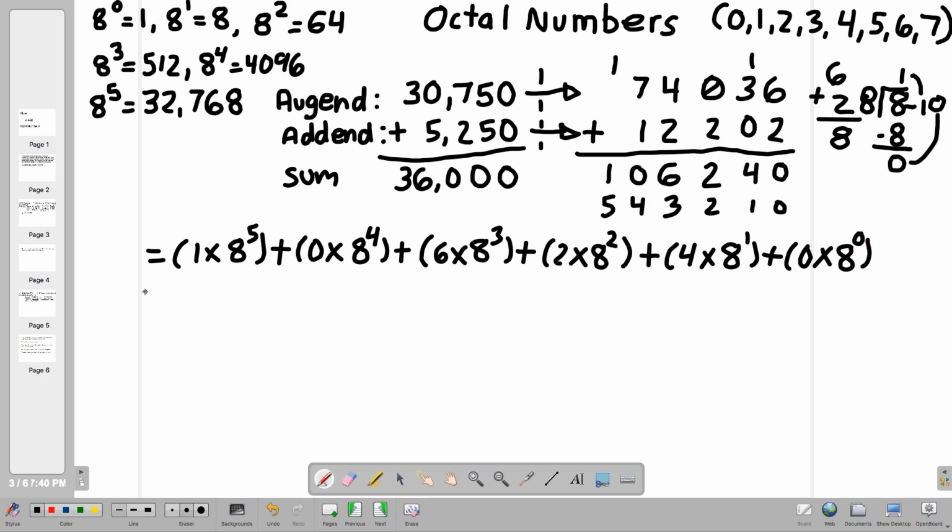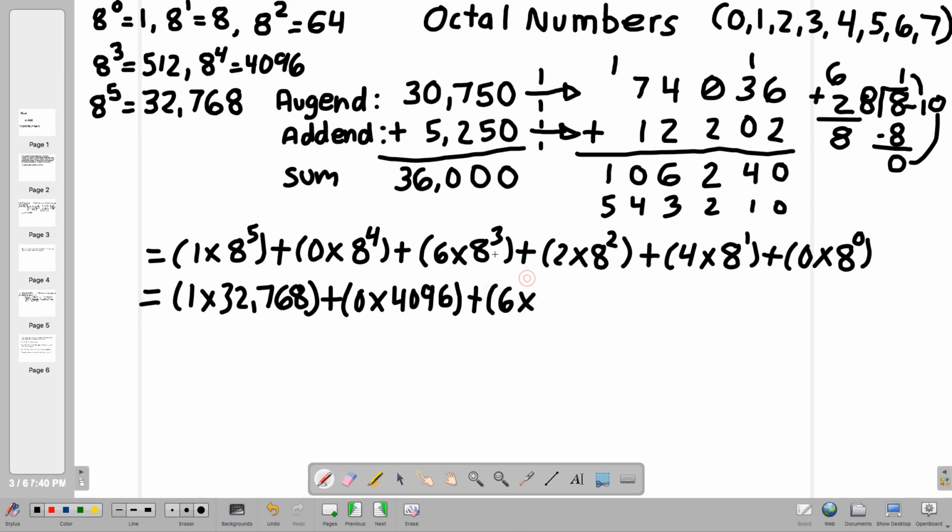And let's break it down further. So this is saying we have 1 times 8 to the fifth power, which is 32,768. And then we have 0 times 8 to the fourth power, which is 4,096. And then we have 6 times 8 to the third power, which is 512.